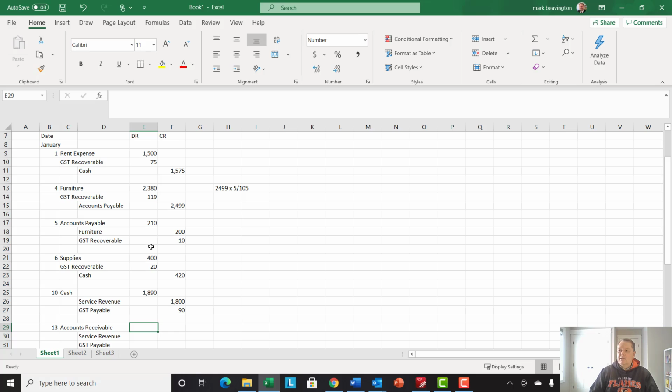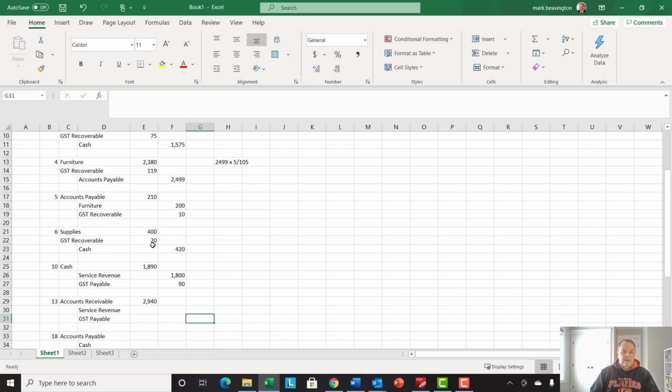So on the 13th, we invoiced Joe's Consulting. For preparing his corporate tax return, the fee was $29.40, GST included. So we know that the total that the guy's going to pay us is $29.40, so that goes into accounts receivable. And to calculate the GST on this, it's a matter of doing exactly the same thing we did up top there.